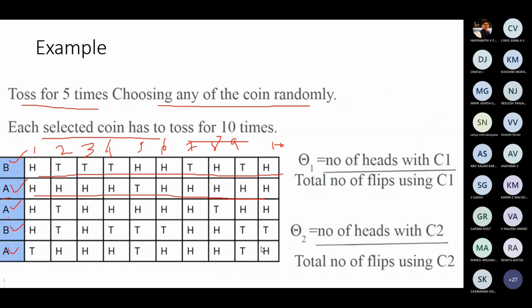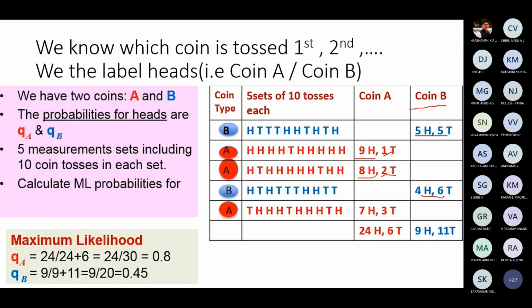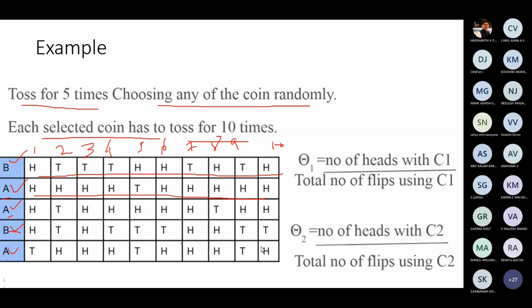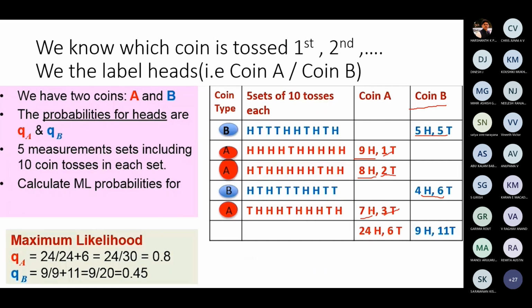Then coin A gives 8 heads and 2 tails. Coin B after tossing 10 times gives 4 heads and 6 tails. And coin A gives 7 heads and 3 tails.